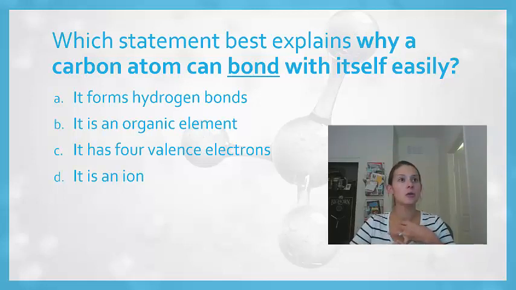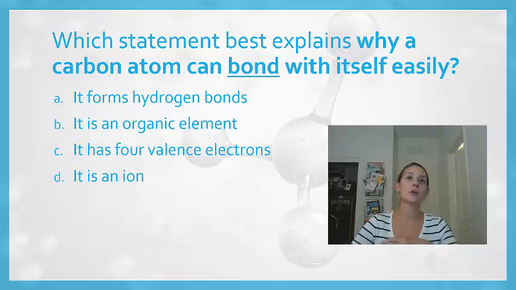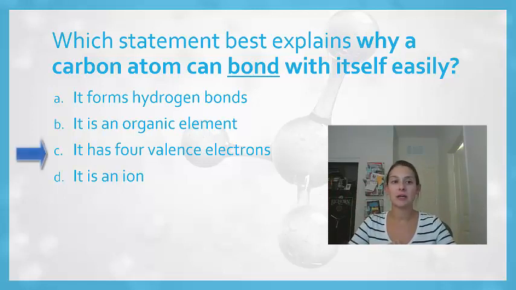I haven't even mentioned the word ion, so I'm going to eliminate answer choice D. I haven't talked about organic yet, so I'm going to eliminate B. It says it forms hydrogen bonds or it has 4 valence electrons. I think in general it's more important that it can form bonds with anything. So C in this case is going to be the correct answer. Those 4 valence electrons allow for a lot more bonding to occur between any element.